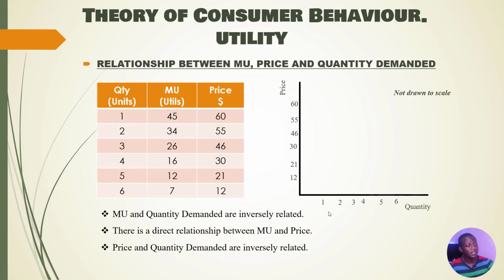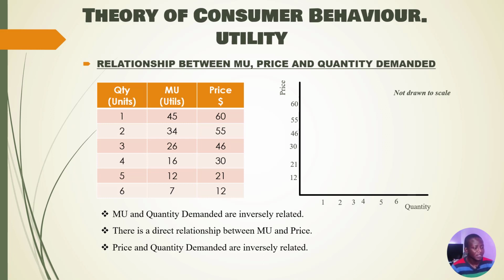So let's see the relationship between marginal utility, price, and then quantity demanded of a commodity. So the first relationship is that the marginal utility and quantity demanded of a commodity are inversely related. What does it mean? It means as you keep increasing the consumption of a commodity, the marginal utility that you derive from that commodity keeps falling and falling and falling.